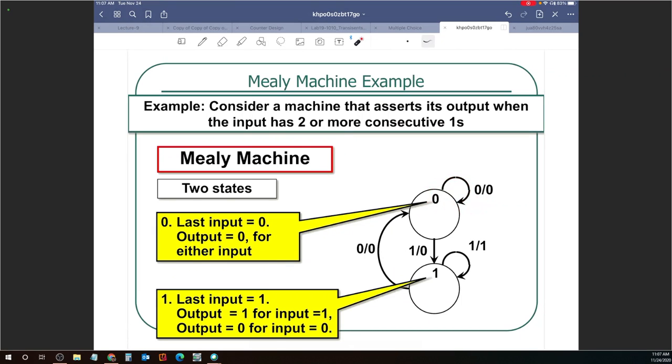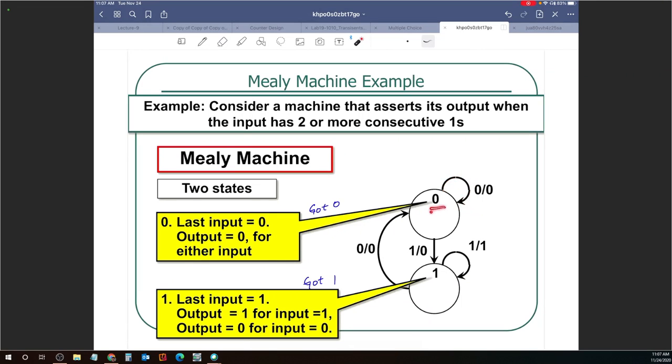If I get a 1 from state 0, I go over here. So this is like got 0 and then got a 1. Those are the 2 states. So if you get a 0 and then your next input is also a 0, you stay there.